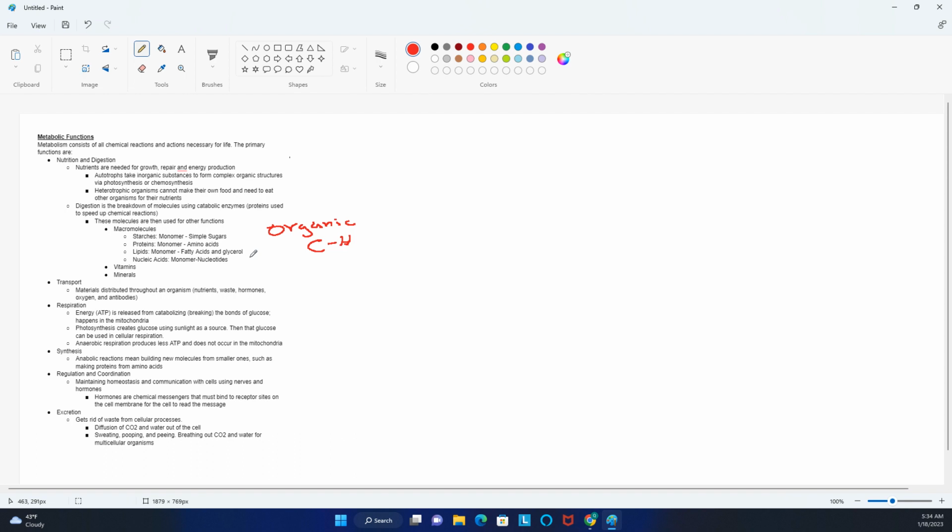Third, we have lipids. Lipids are fats. The monomer is fatty acids or glycerol. Lipids can be used as either a long-term store of energy, so it won't use that energy right away. It'll kind of store it for later, or it can be used in some structures.